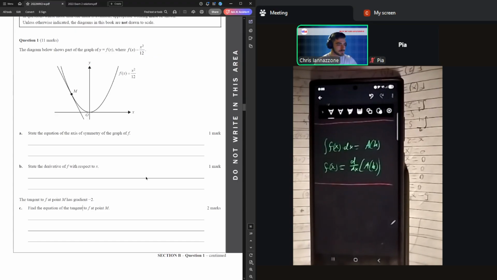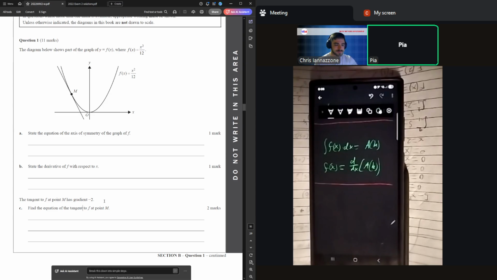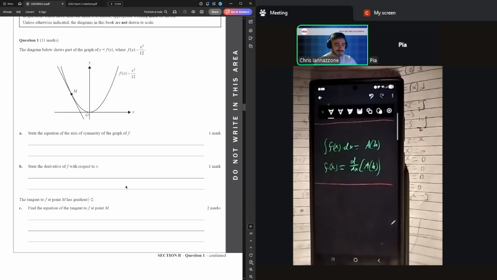We don't quite have one, at least not immediately. Could I make the derivative equal the gradient? Absolutely, you could. That'd be a great idea. Derivative equals gradient will let you solve for x.